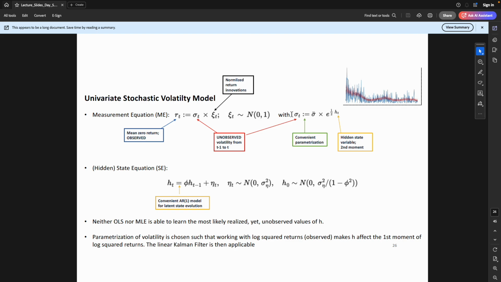Okay, so I cannot use a filter because H is in the second moment. Because if you compute the density, it will be Gauss, centered around 0. And what's the variance? It's e to the 2 times the exponent, so e to the HT, and there's a sigma upper bar power 2, right?